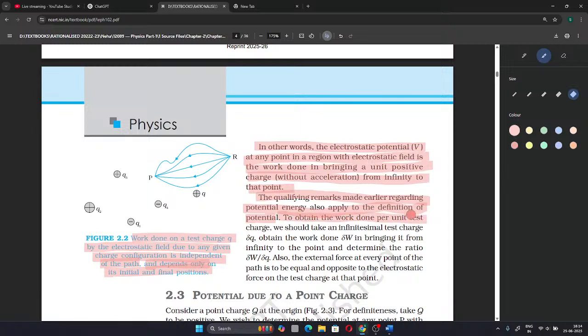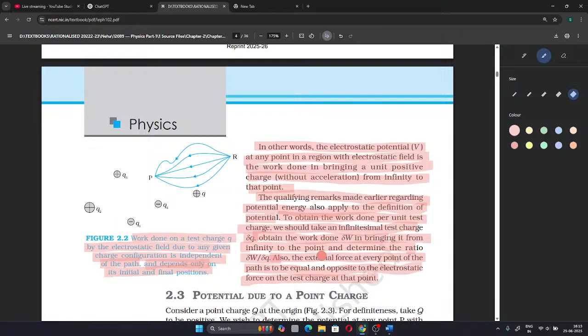To obtain the work done per unit test charge, we should take an infinitesimal test charge delta Q, obtain the work done delta W in bringing it from infinity to the point, and determine the ratio delta W by delta Q. Also, the external force at every point of the path is to be equal and opposite to the electrostatic force on the test charge at the point.